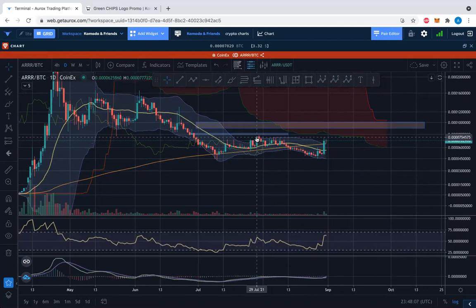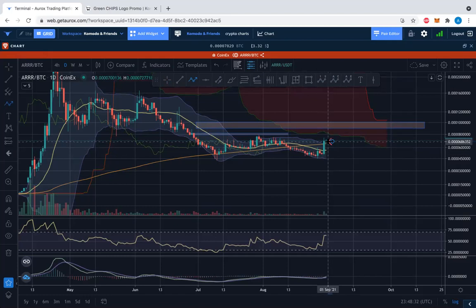If we can't break this level of 7,500 Satoshis, then we're going to hang around here for longer. And hey, that makes sense with the cloud. If that's the case, this is the RBTC price chart. So if BTC is pumping up, Pirate Chain against BTC might not fare as well. However, we've broken bullish above the 20-day and the 200-day moving average.